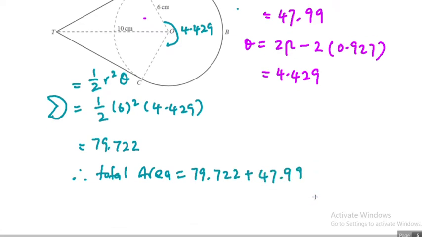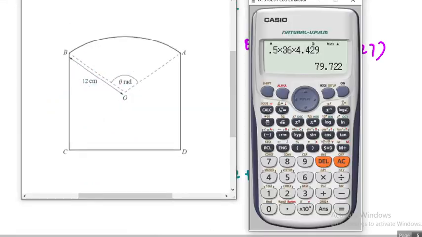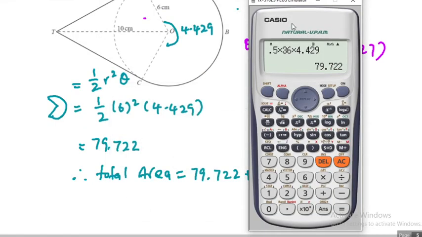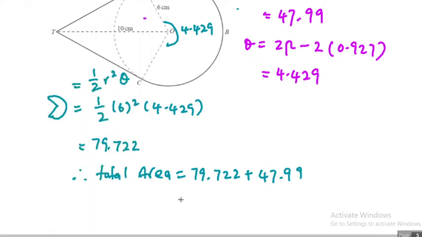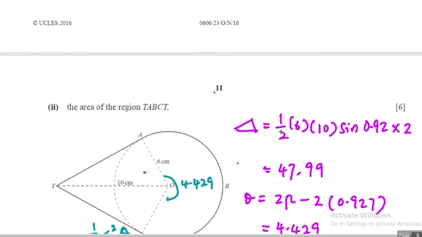When I press, we will get 79.722, which is already here, plus 47.99. The answer is 127.712 squared centimeters. Okay, so that's how you get 6 marks.